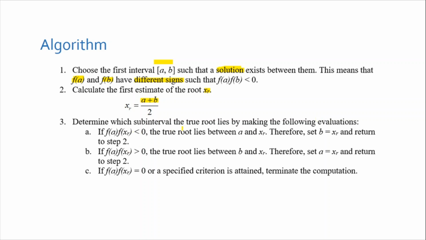Now, for the next step, determine in which subinterval the true root lies by making the following evaluations. First, if f(a) times f(xr) is less than 0, that means negative, the true root lies between a and xr. Therefore, set b equals xr.